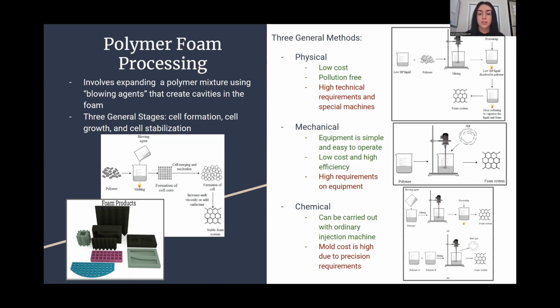It is low cost and high efficiency. However, there are high requirements on the equipment itself. And lastly, we have chemical foaming, which can be carried out with an ordinary injection machine. However, the disadvantage is that the mold cost is high due to the necessary precision requirements.